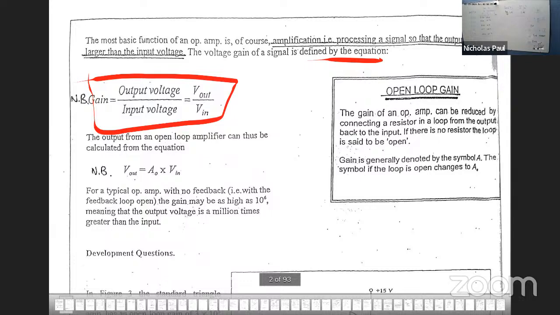The topic is op-amp. You already have the handout. I want you to write down how to find gain and then draw this circuit underneath it.